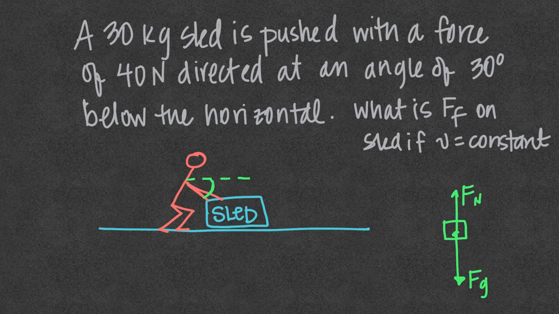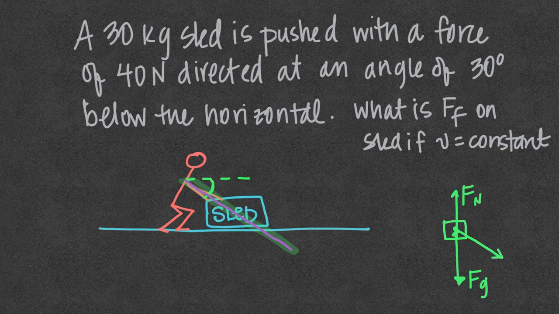Now the person is pushing into the sled, so along this line here. And so when we draw the force that I've just highlighted here, we draw that force on our free body diagram. We draw it coming from the object and away.